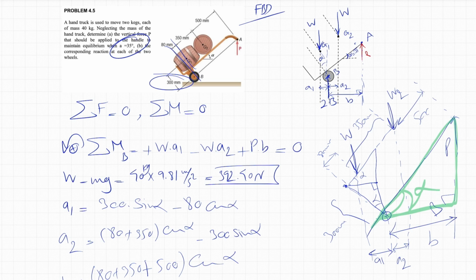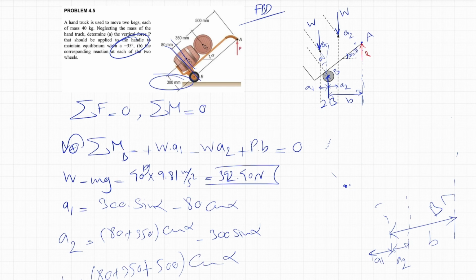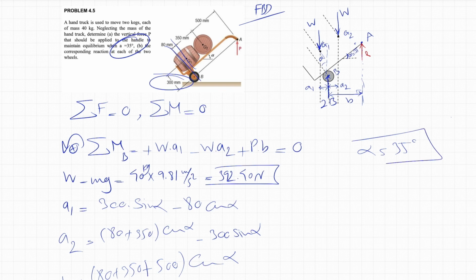Now that we have this, everything's good, and we just need to calculate each of these three. We know that alpha is 35 degrees, so I'm just going to clean up, and we can calculate all the unknowns that we have for this question.